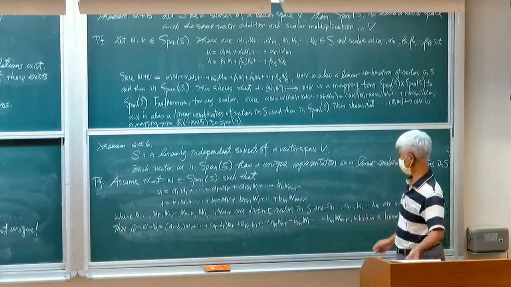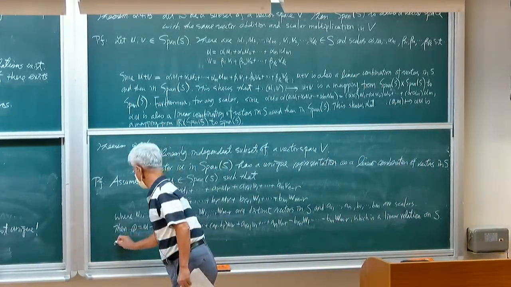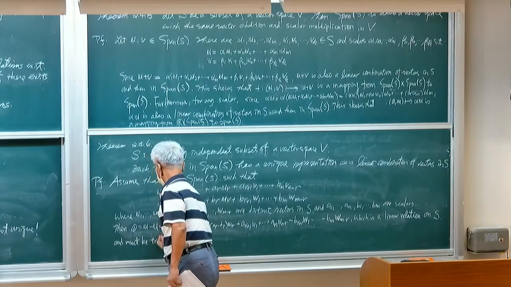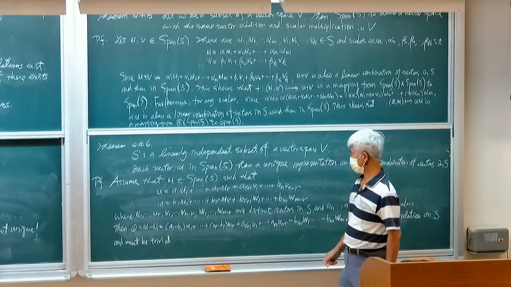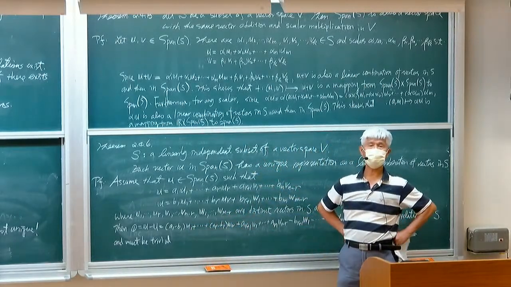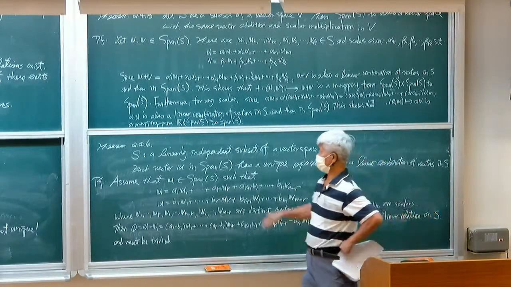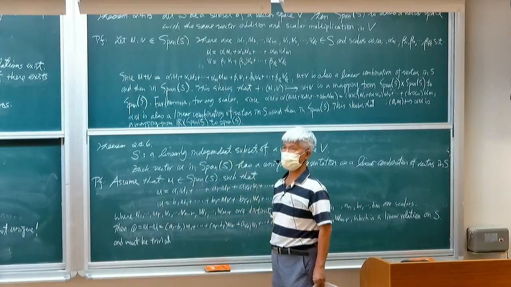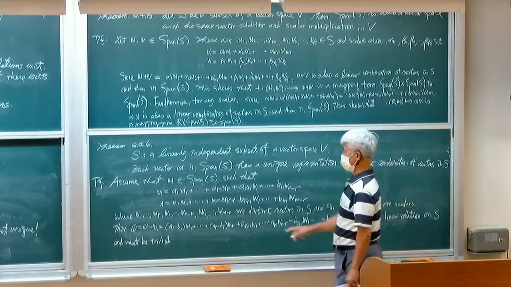So this linear relation must be trivial. Because if the linear relation is non-trivial, then S becomes linearly dependent from the definition. But we assume that the premise of the theorem is that X is linearly independent, so this linear relation must be trivial.